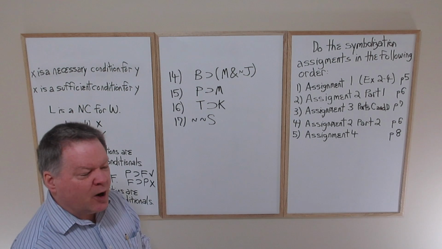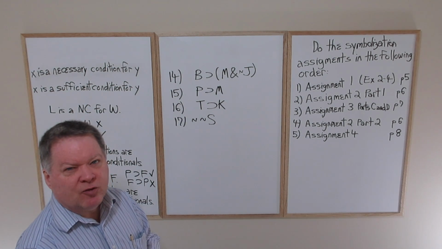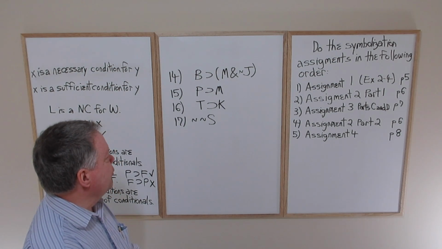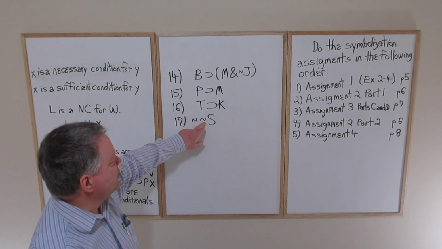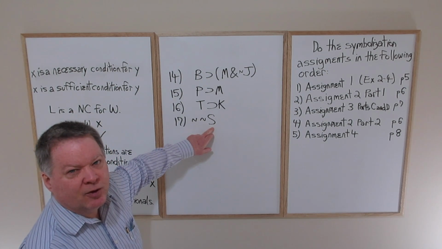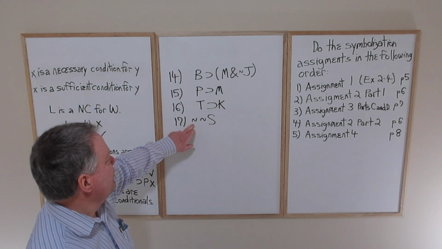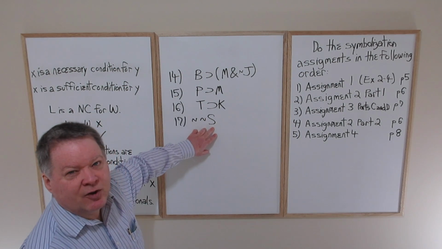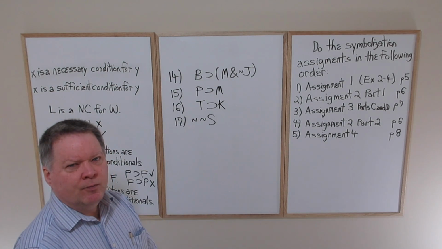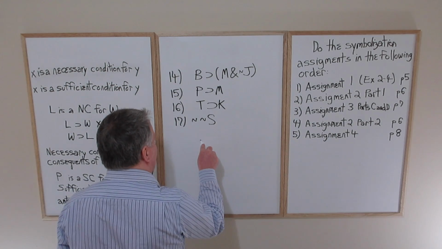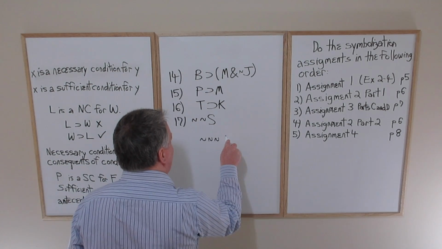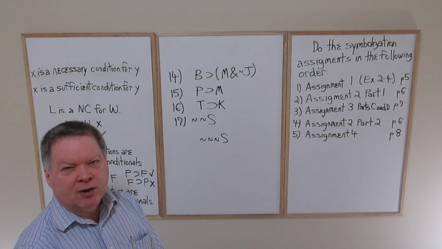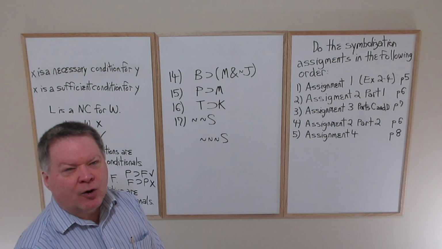Just to repeat, the way the tilde works, it always applies to the first full sentence immediately after it, or to the right of it. So this tilde applies to the simple sentence S. This tilde applies to the sentence tilde S. In theory, we're not going to have something like this, but you could have any number of tildes in front of a sentence. No additional brackets are necessary.